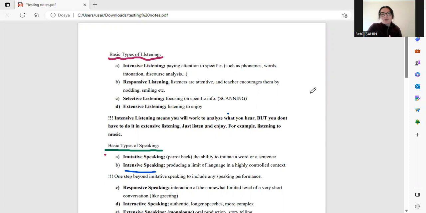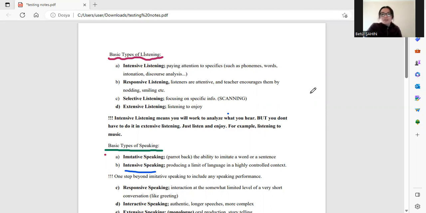And there are four types of listening. First, the intensive listening. Intensive listening is to pay attention to specifics, such as phonemes, words, intonation, discourse analysis. And responsive listening is when listeners are attentive, and we use this kind of listening to respond.